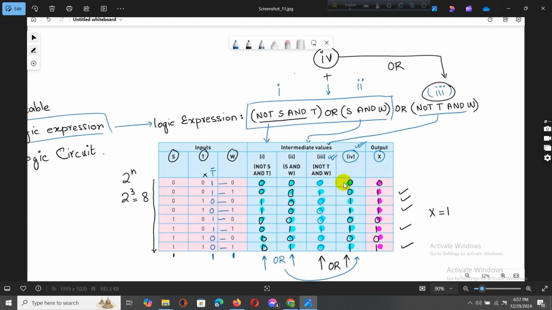So we select the third and fourth columns, and we join them with the OR sign, as it is addition, so we do addition. 0 plus 0, 0. 1 plus 0, 1. 0 plus 1, 1. 0 plus 1, 1. 0 plus 0, 0. 1 plus 1, 1. 0 plus 0, 0. 0 plus 1, 1. This is our final output.